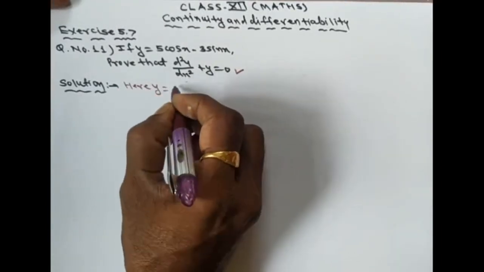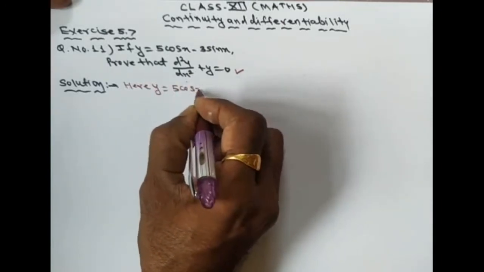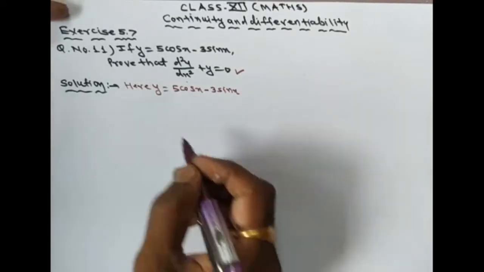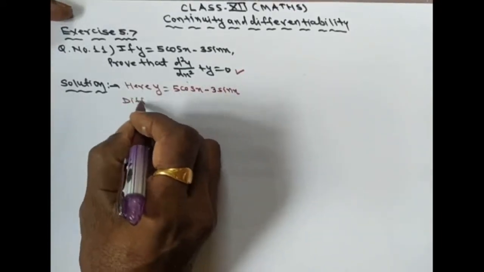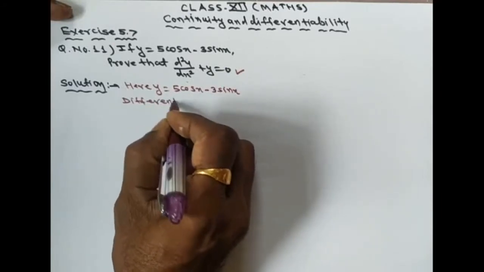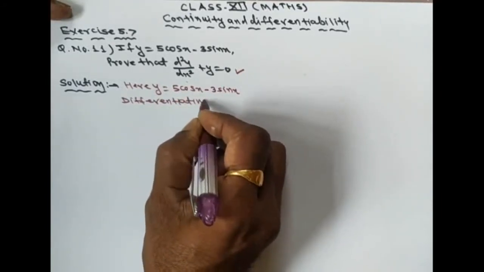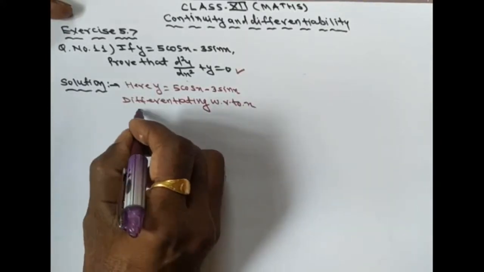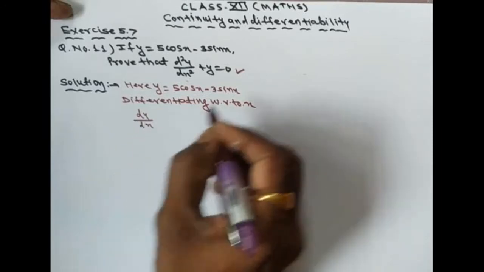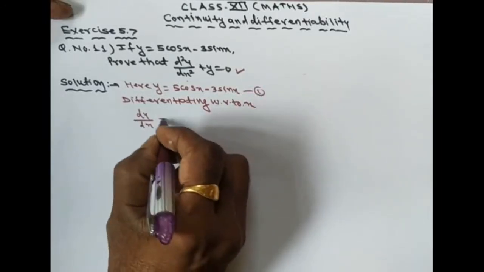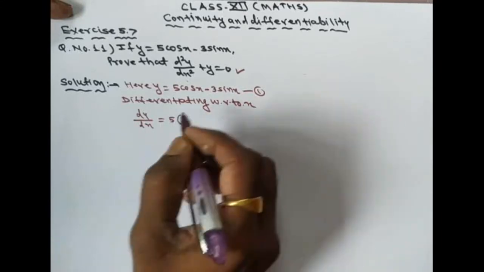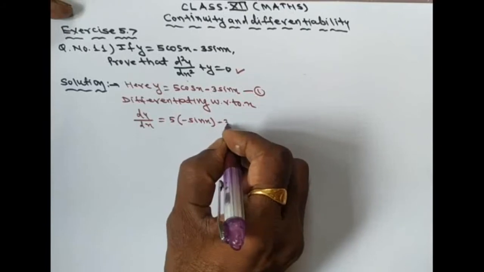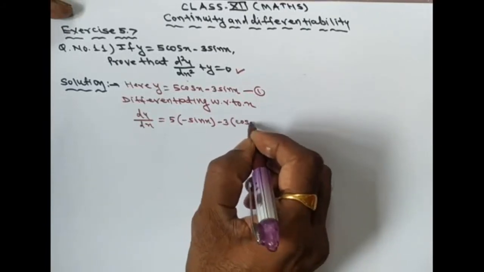Here y equals 5 cos x minus 3 sin x, this is given. So differentiating with respect to x, dy by dx equals 5, a constant number, times the derivative of cos x, which is minus sin x, and minus 3 is a constant number, the derivative of sin x is cos x.